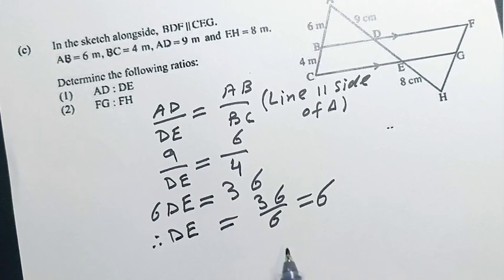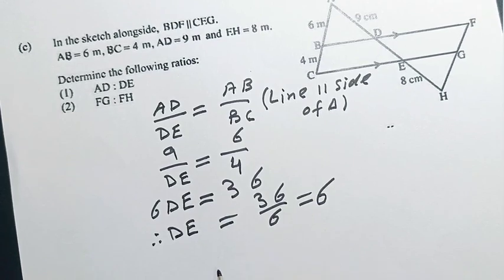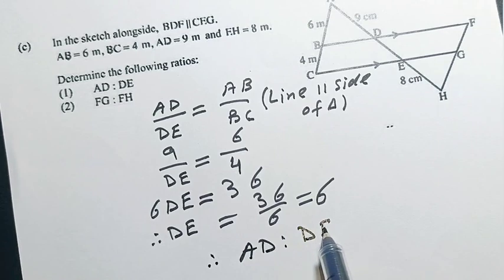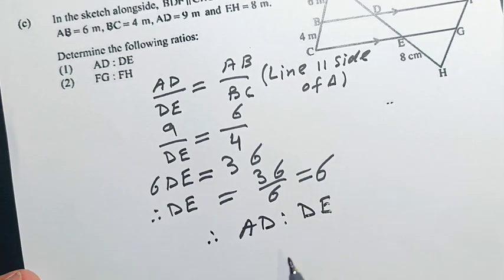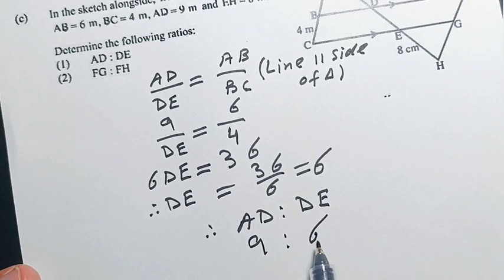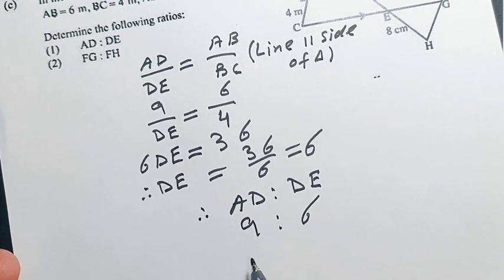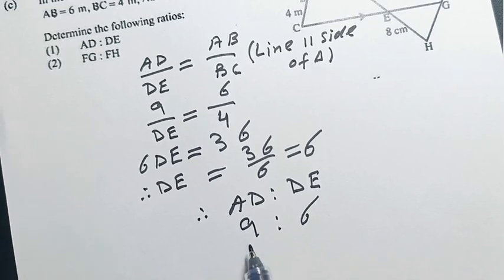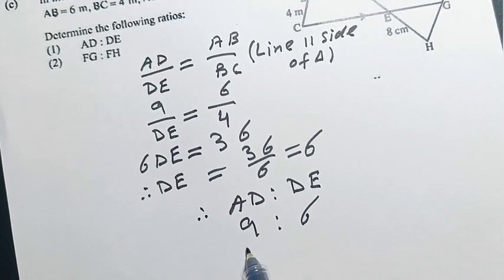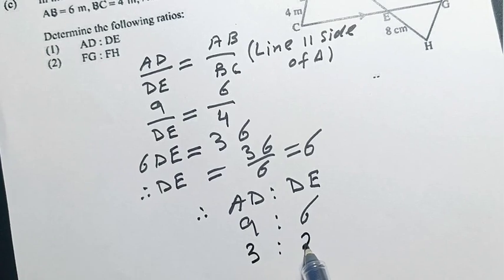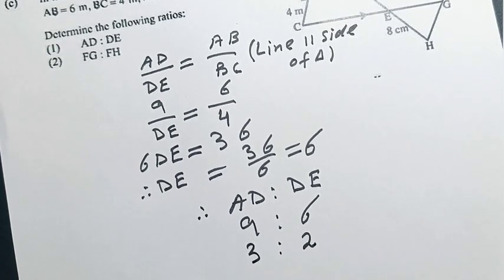Now we need to write in ratios. So the ratio is AD ratio DE. So AD we already got 9, DE is 6. Now you can simplify the ratio, both can divide by 3. So this is going to be 3 ratio 2, this is my final answer.